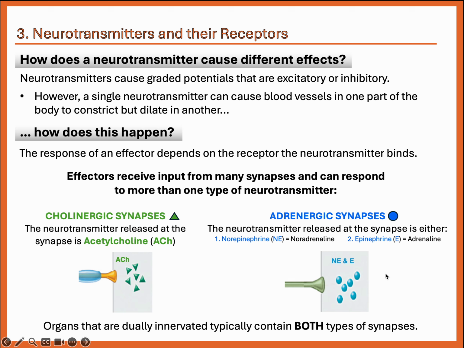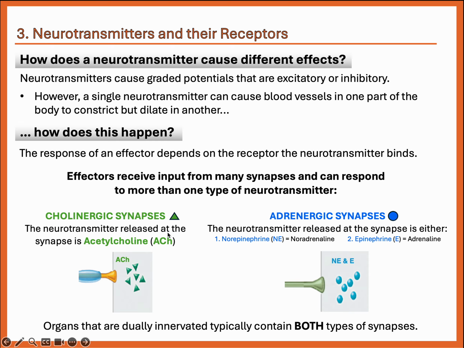So the neurotransmitter released at the synapse is either norepinephrine or epinephrine. It could be both at times. So these neurotransmitters could also be called adrenaline and noradrenaline. These are adrenergic synapses, versus these were cholinergic, acetylcholine synapses.